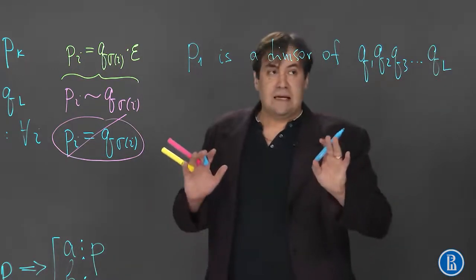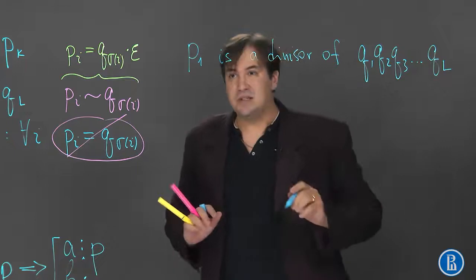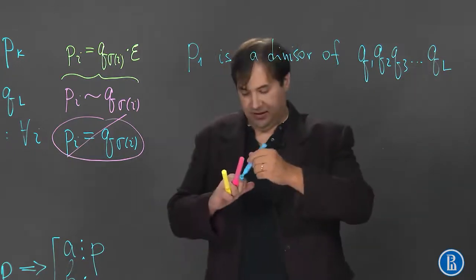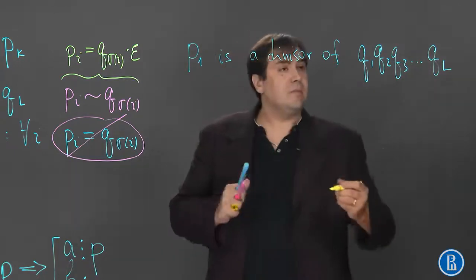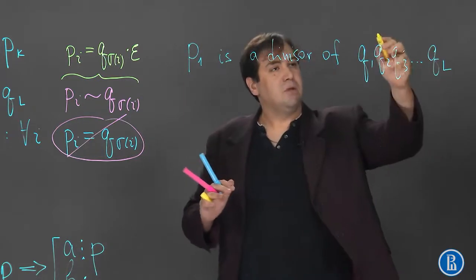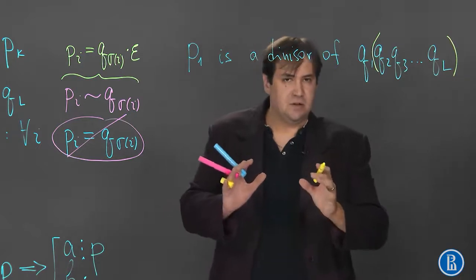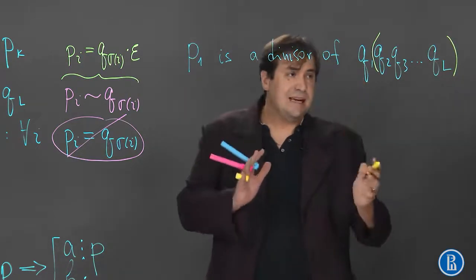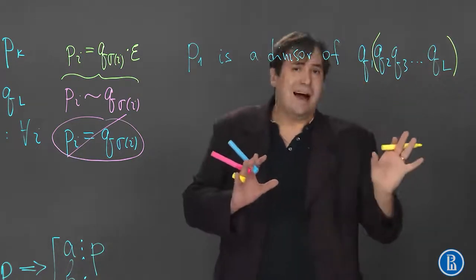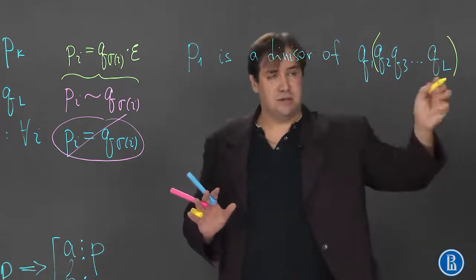And now we use the property of prime numbers and just look at this big product as a product of two elements. First of them is Q1, and the second one is the product of all other elements in this expression.